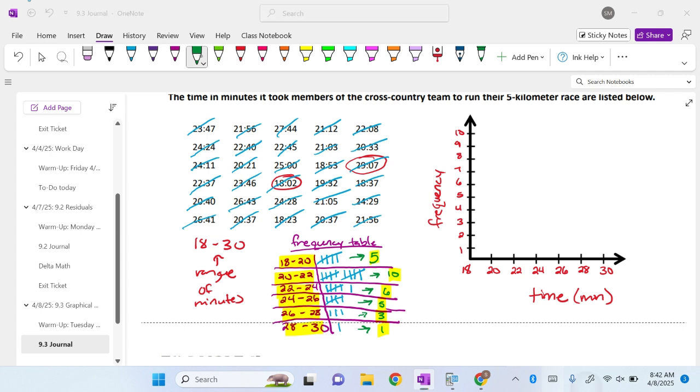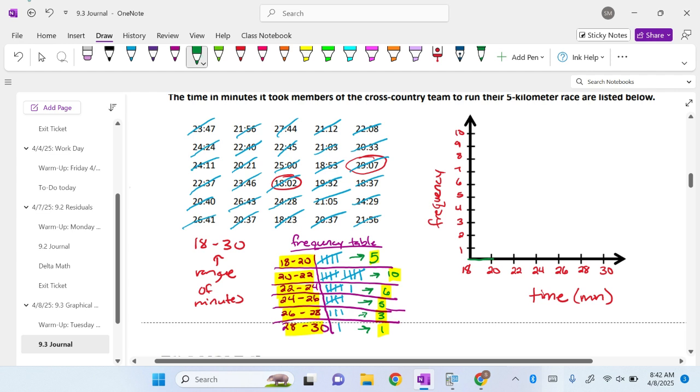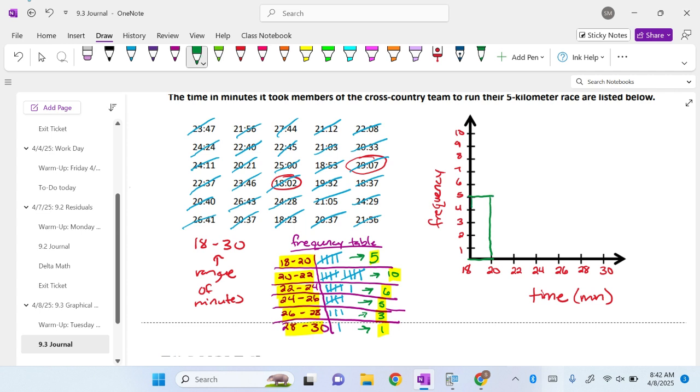So what I'm going to do is I'm going to go from 18 to 20, and I'm going to go up to 5 and make a bar. All right. So that's the first part of my histogram. What about between 20 and 22? How many? We had 10. So I'm going to go from 20 to 22, and then I'm going to go all the way up to 10, make a bar, come back down and connect it to the previous bar.